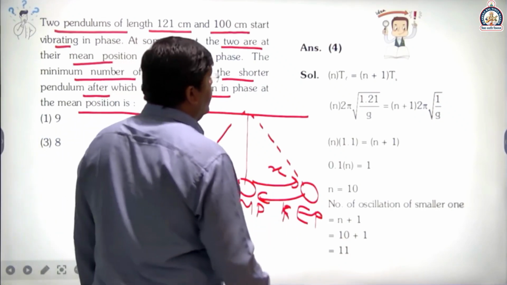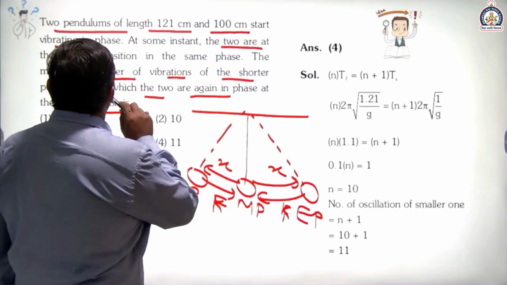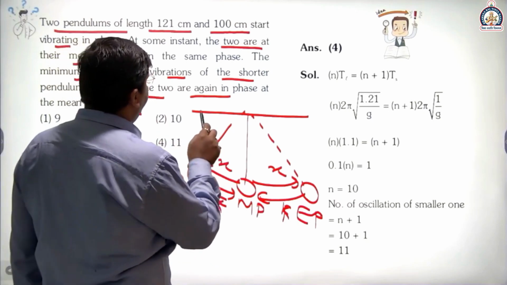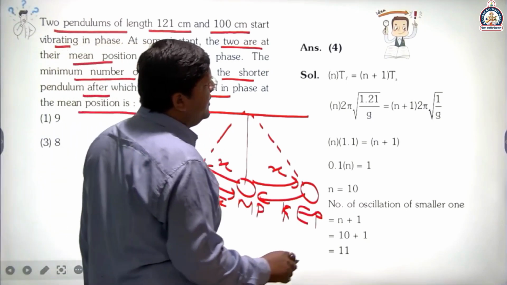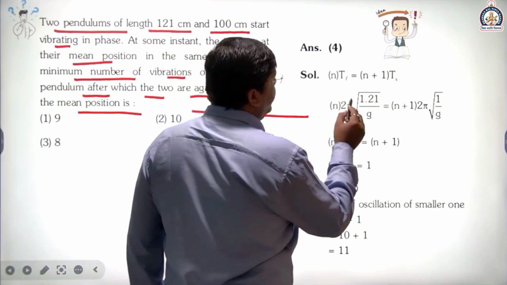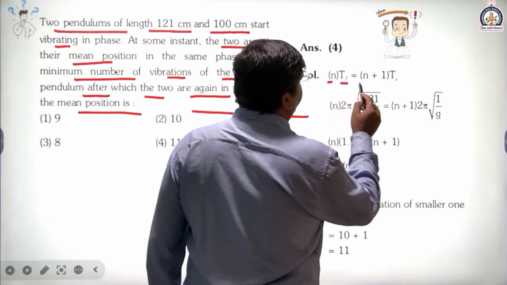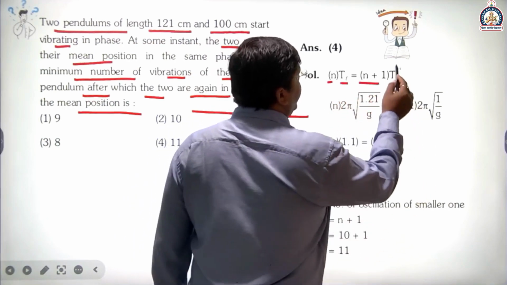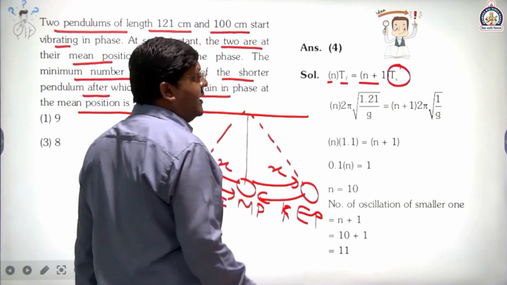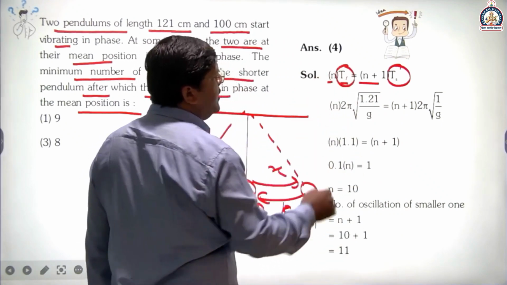Now we just have to relate the length of the pendulum to its different vibrating phase. So the required relation is N TL is equal to (N plus 1) TS, where TS denotes the time period of the shorter and TL denotes the time period of the longer.